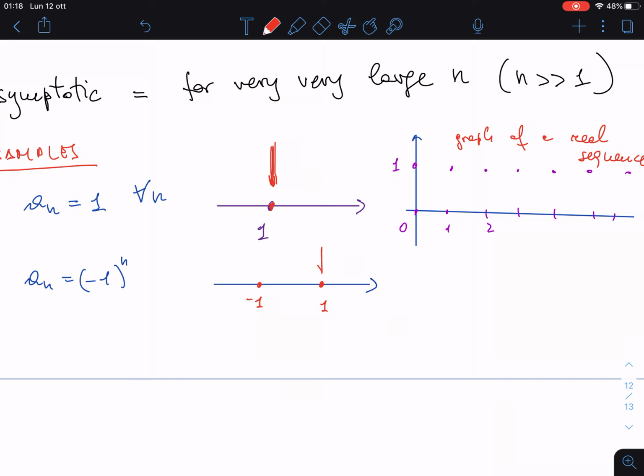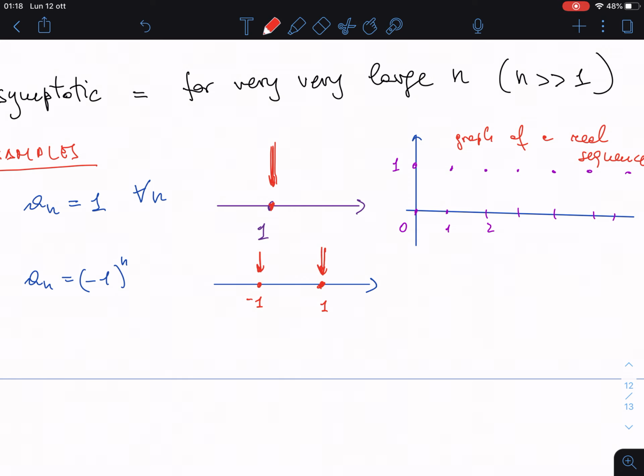So the first raindrop is here, the second here, and the third is again here, and the fourth is again here. So the sequence always jumps between these two values, -1 and +1.